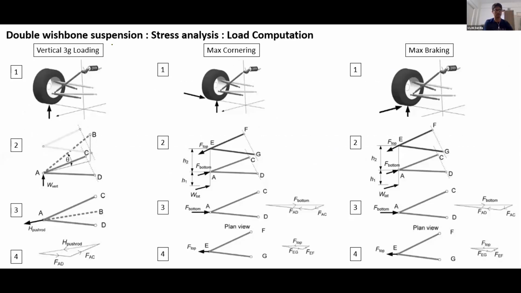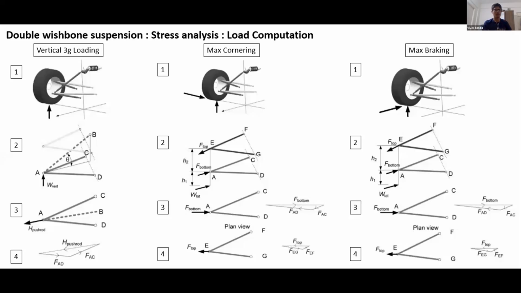For suspension design, the kinematics is important, definitely. We just saw the position of the links and the length of the links, important for the tie rod.